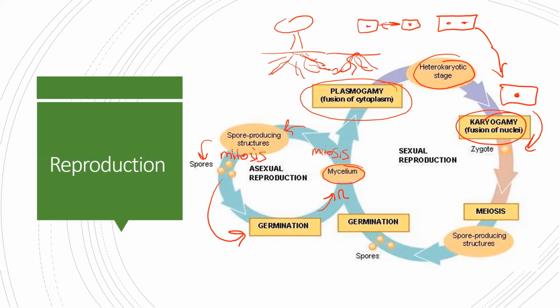This zygote eventually will go through mitosis and produce a reproductive structure where it will undergo meiosis, which is just going to halve the ploidy of the organism. So we're going to have our genome. We are here 2N because we've fused our two nuclei, so we have 2 sets of chromosomes.